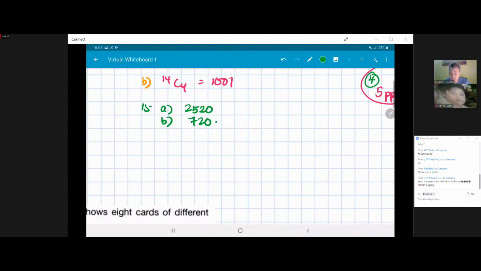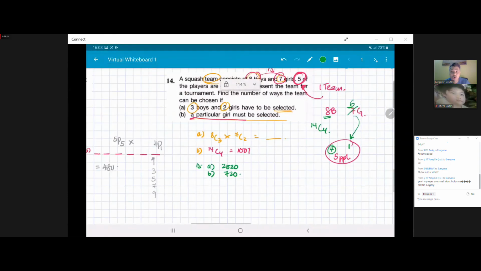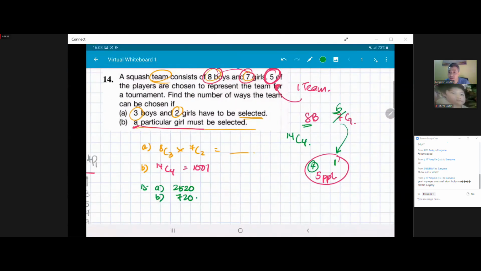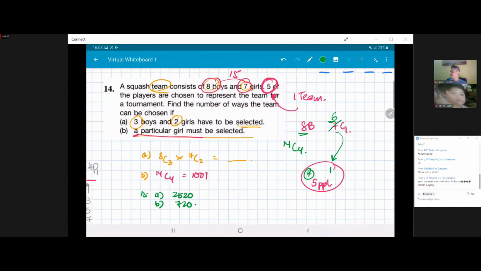Huh? Why 1001? Adoy, ini budak lagi blur. 14C4 is 1001 mah. Halo. Huh? 1001. Okay. Got it? Okay, take a look at it. Try to understand first. How to tekan 14C4 lah.